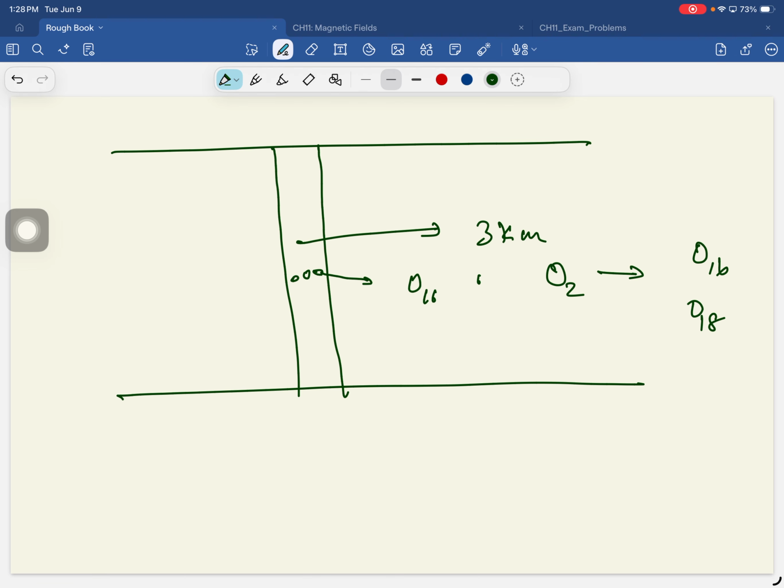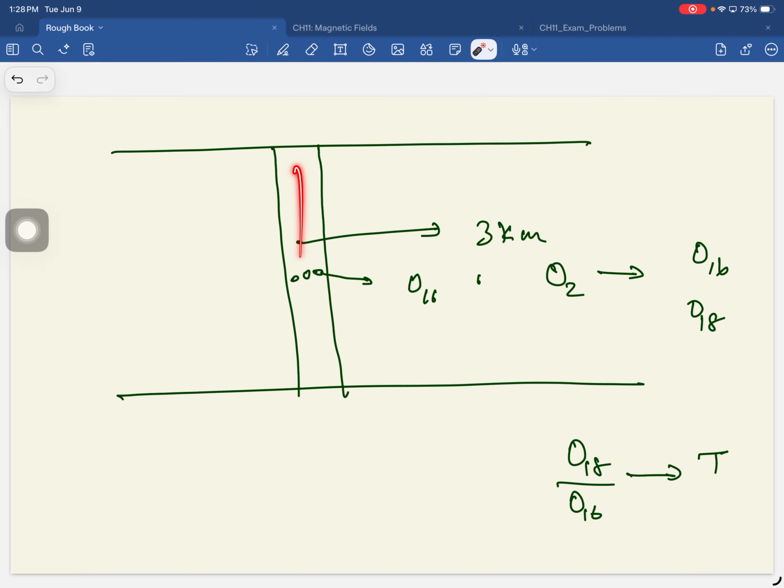Why did we write it like this? This we just calculated. That's R16. So this ratio is 18 over 16 times R16. 18 over 16 times 0.69 meters.